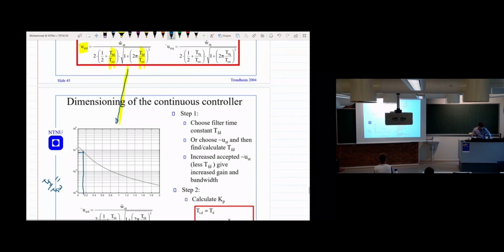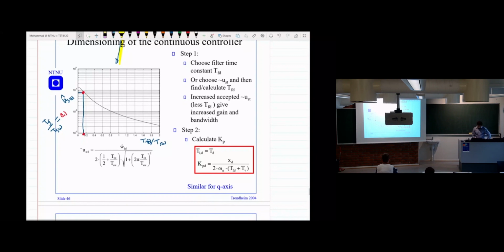This is the ripple, and here on this axis, it is TFD over TSW. So if you limit the ripple at this point, 8%, it will give you TFD over TSW something like 0.1.